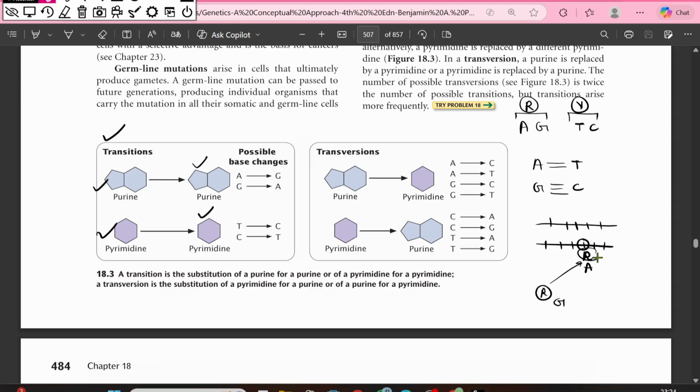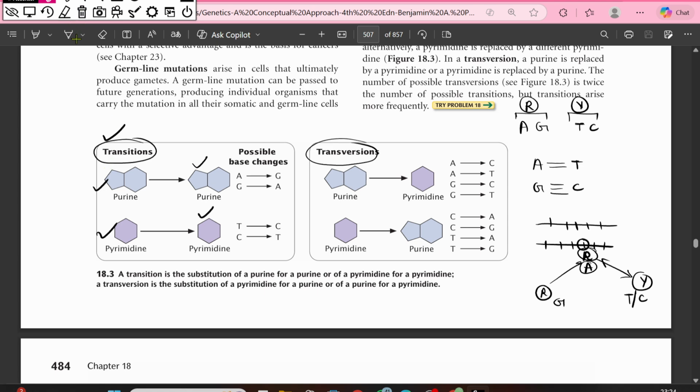Now suppose this purine is replaced by a pyrimidine, that is, if this is adenine, it is replaced by either thymine or cytosine. This condition is called transversion. So always remember, transitions can occur and transversions can also occur. But the frequency of transitions is more than that of transversions. So in nature, transitions do occur commonly, but transversions rarely do.